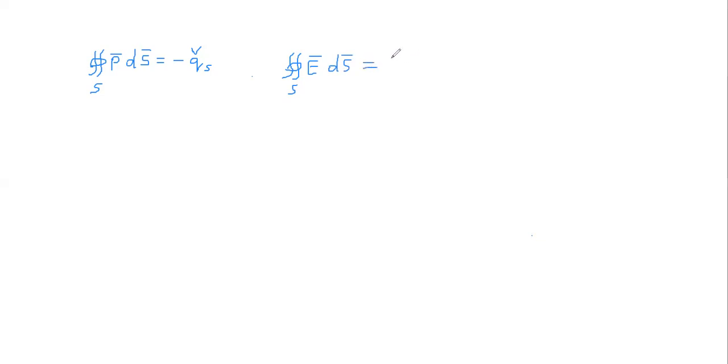According to this theorem, it is equal to Q_S divided by epsilon 0. Epsilon 0 is electric constant. But we have learned the case when we have only free charges. If we have both free and bound charges, we have to take them into account.